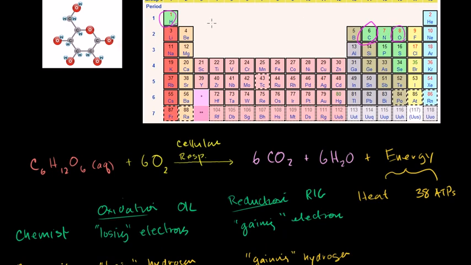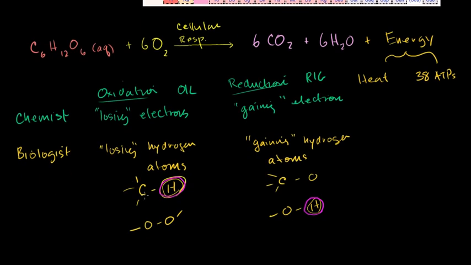When any of these guys bond with hydrogen, they're going to hog the electron. So here, carbon hogs the electron, while here, carbon gets its electrons hogged by oxygen. So here, oxygen hogs. So by losing the hydrogen, the carbon actually lost its opportunity to hog electrons.